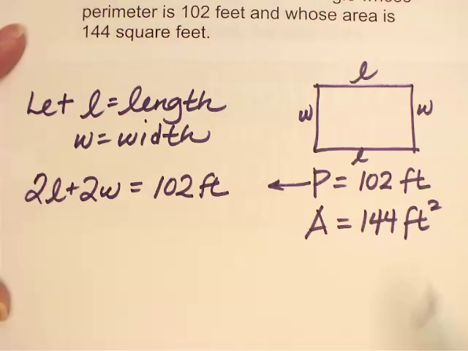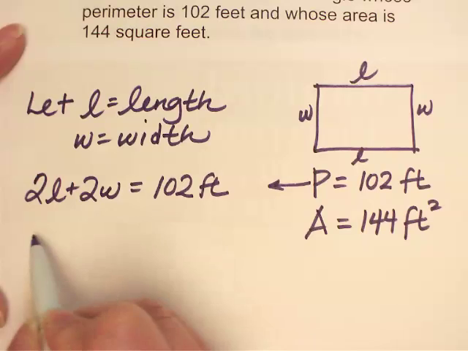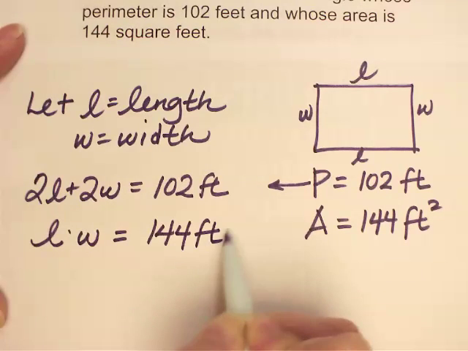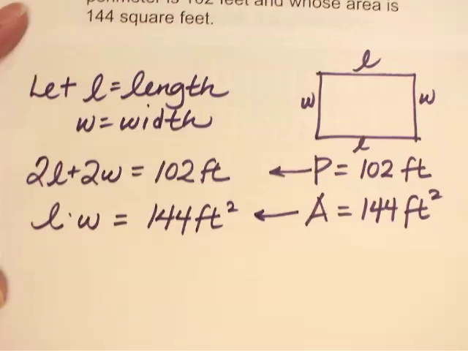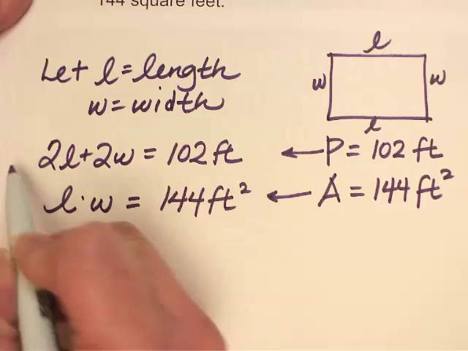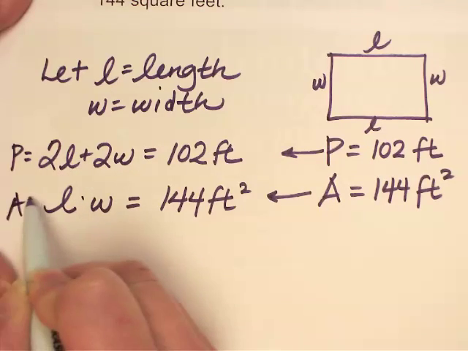I also know the area of a rectangle is length times width, so my length times my width is 144 feet squared. So I'm going to fill that information in as well. What I have in front of me basically is 2 equations already written. This is my perimeter, and this is my area for my rectangle.